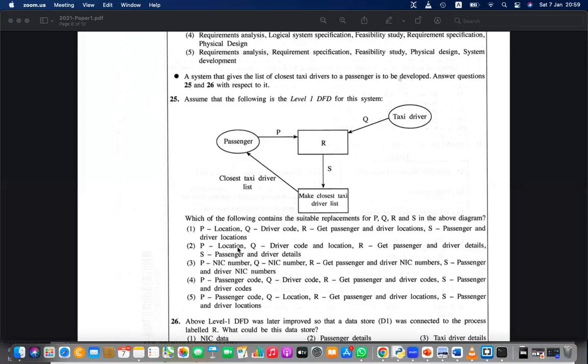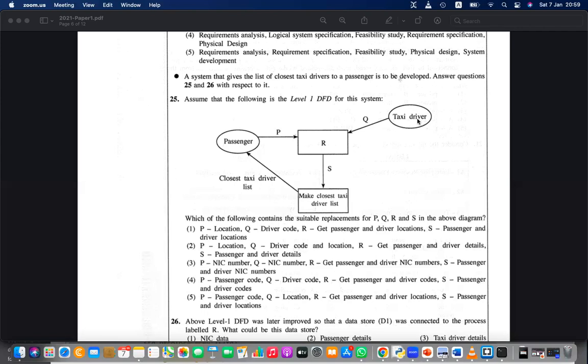So 1 correct, 2 correct. R is the driver location. Taxi driver, what taxi driver need to do? Q. Taxi drivers need to send the location, right? Because it's tracking the location. So that is Q. What do you need to get the location?